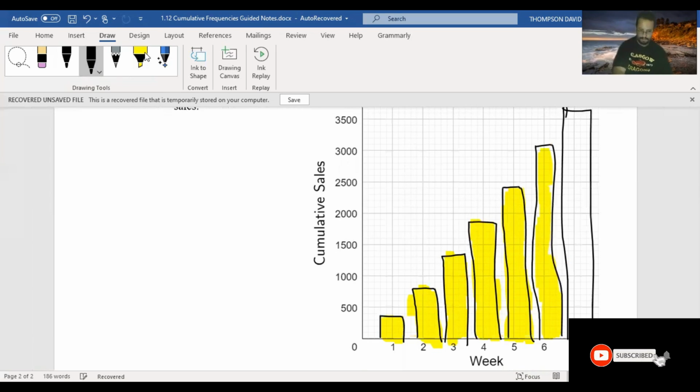And fill it in. So take note, the bars do rise a little each time.